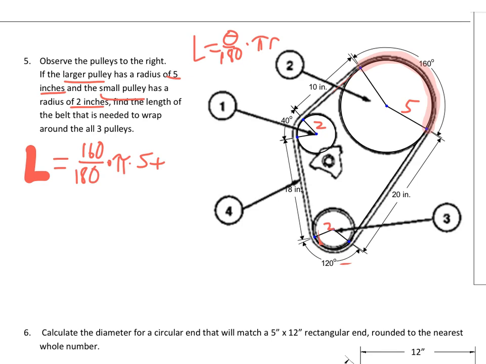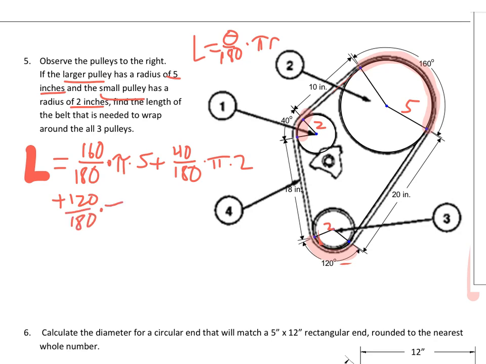plus we have this little guy here, that's 40 degrees. So we have 40 degrees out of 180, and that's times pi times 2. And then plus, we have the smaller one down here. Let's get this in there. 120 out of 180.